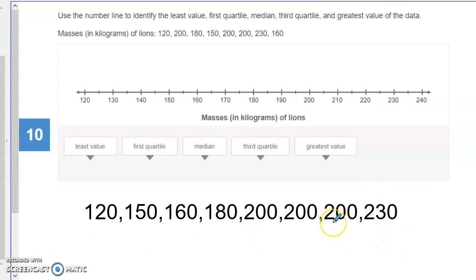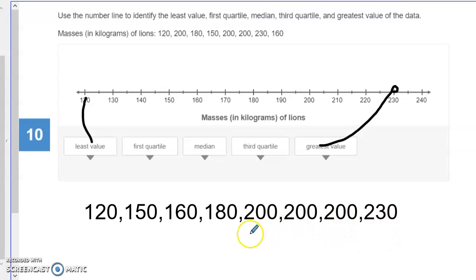And my last question, again, is similar to the last one, but again, first you have to put these numbers in order from least to greatest. Then I can start finding all these things I need to find. So my least value would be 120, so I would drag that right to there. My greatest value would be 230, so I would drag that right there to 230.